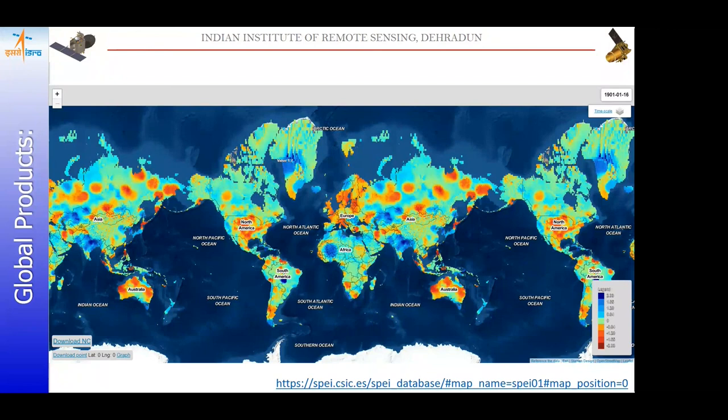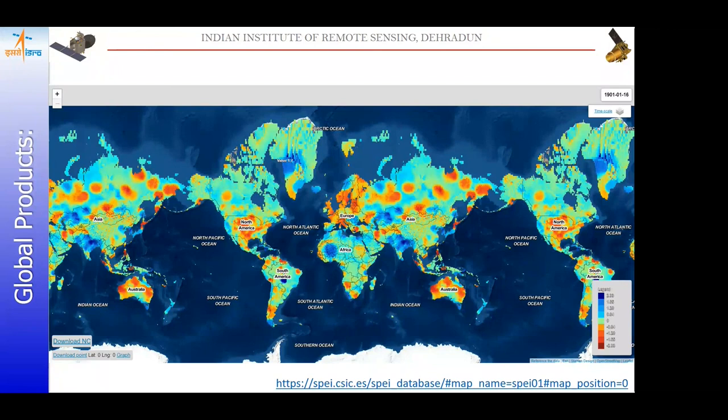Compared to other meteorological drought indices, SPEI is one of the more significant indices, which defines the drought situation more significantly and in a more qualitative manner. This SPEI product you can directly visualize from the web page, download, and use for further study.